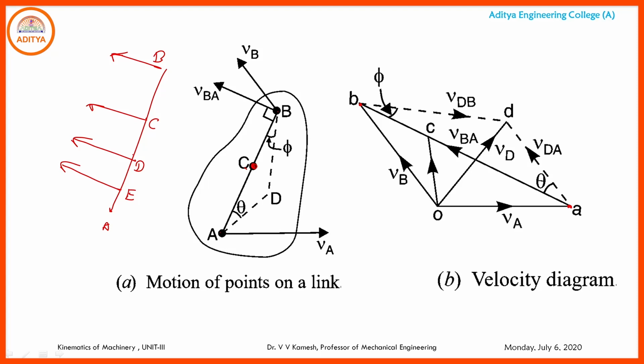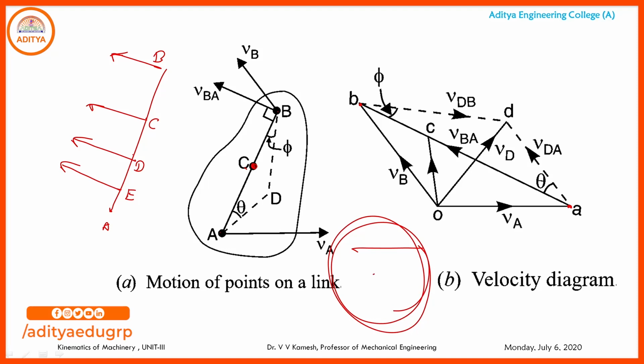When this is rotating in this direction, this point rotates in one circle, and this point rotates in another circle. Let us take that this is the link rotating like this: this is O, this is A, this is B, this is C. This is the original circle, with the tip moving like this.